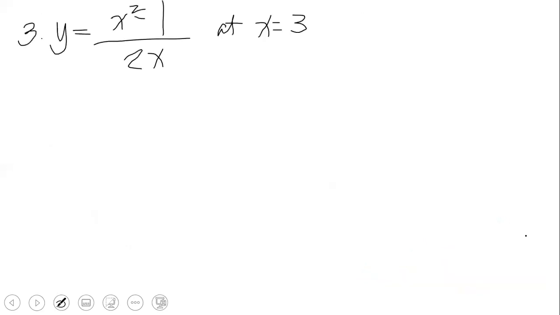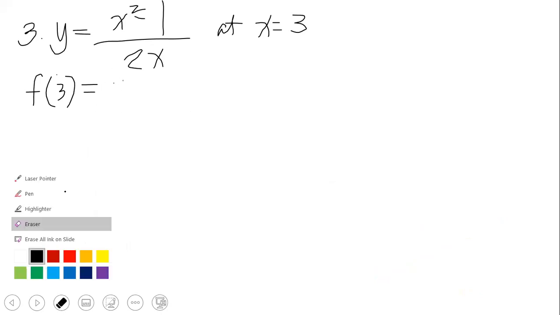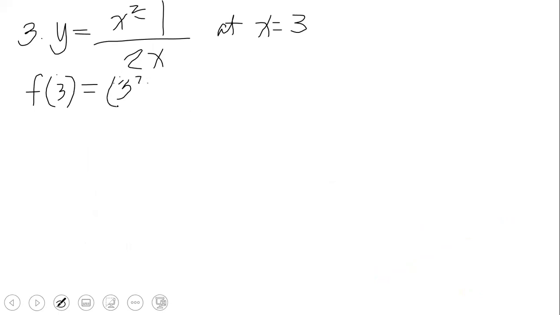Let's have number 3. This time we have the function y equal to x squared minus 1 over 2x. This time we need to get the point of tangency. So f of 3 is equal to 3 squared minus 1 over 2 times 3.